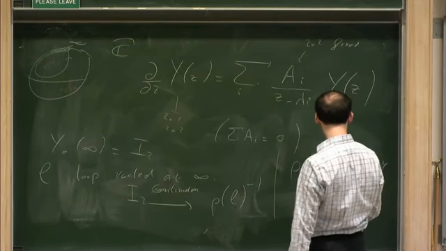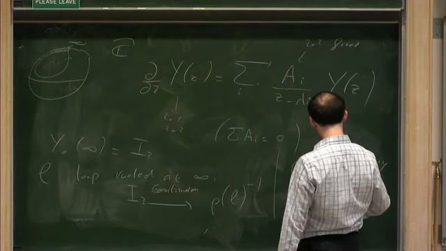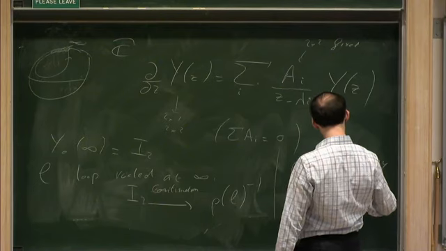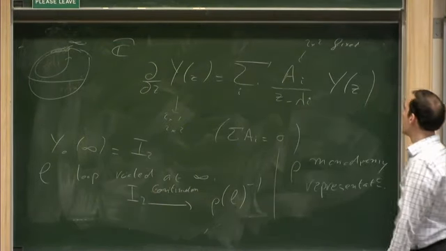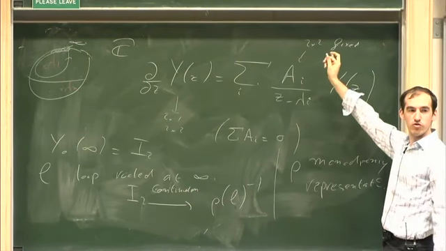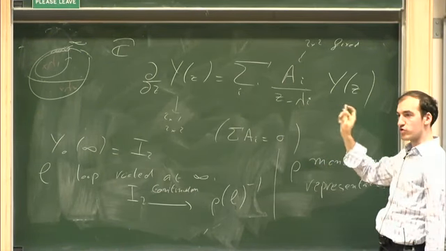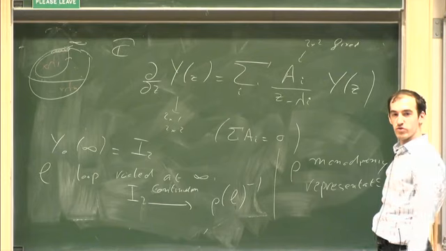So rho is a so-called monodromy representation. Okay, so I'm starting basically from analytic data, which is a nice first-order ordinary differential equation, and I'm going to get out of it algebraic data, which is a representation of the punctured surface.